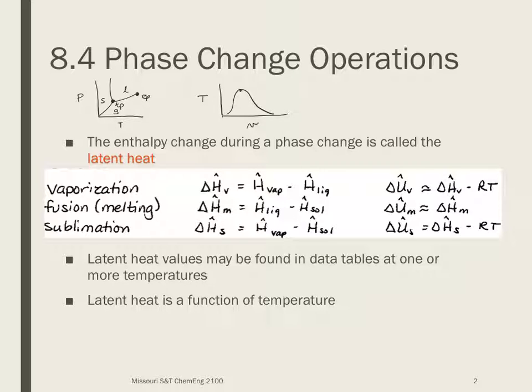They end at the critical point, which is the highest temperature and pressure where you can have the two phases coexist. I have liquids over on this side, I have gases over on this side, and I have liquid-gas combination in the middle. And the idea is that if I choose a fixed pressure, let's say 1 atmosphere, and looked at a particular substance, as I increase the temperature, the volume will increase, and then it will reach a stage where the volume will change very rapidly, but temperature will stay the same.